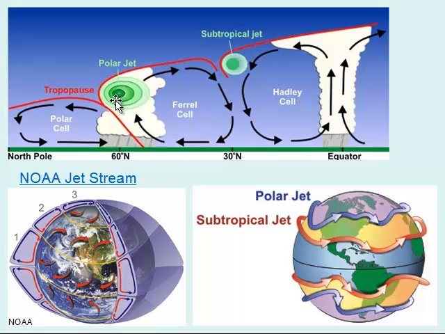In between each of these cells, we have these jets that develop. If we look here at our cross-section, the subtropical jet is forming right here between 1 and 2. The polar jet is between 2 and 3. Here you can see approximately where each of those jets occur, and this is going to be the motion of the upper atmosphere around the globe.